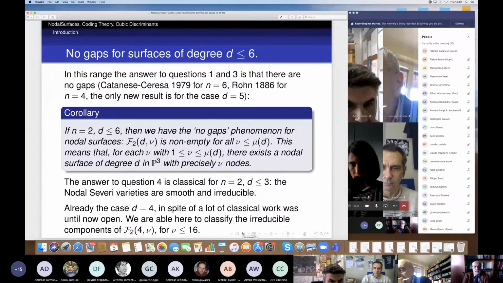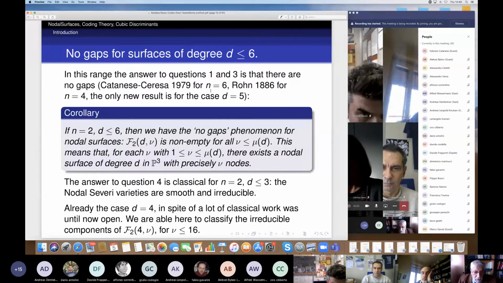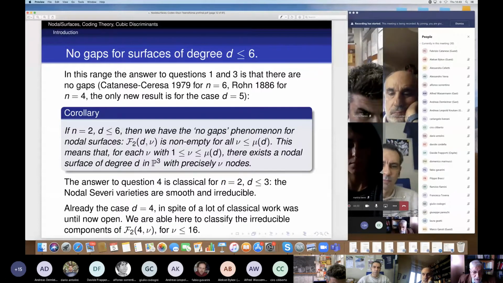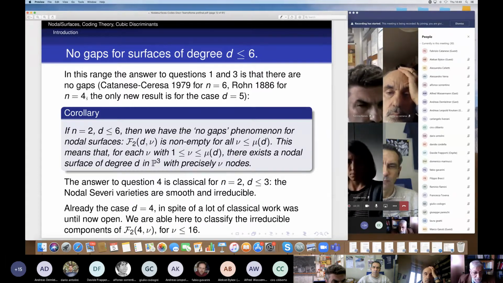And now for degree up to 6, there are no gaps. This goes back to work which I did with Ceresa in '79 for n equals 6, constructing all possible numbers of nodes between 1 and 64. The case of quartics goes back to Rohn in 1886 for n equals 4.